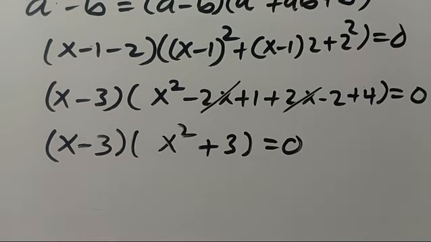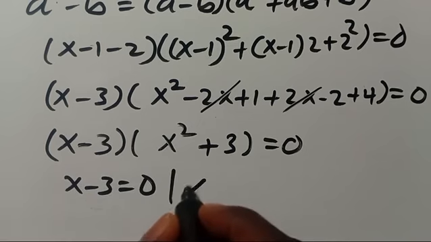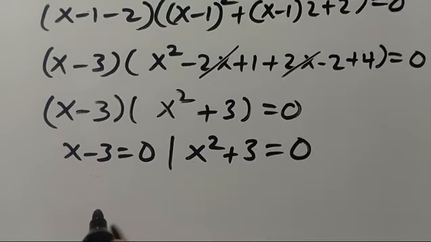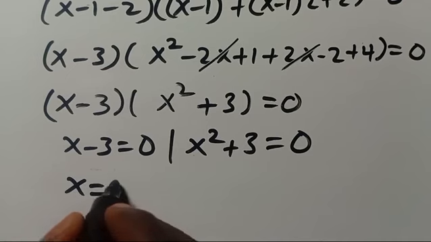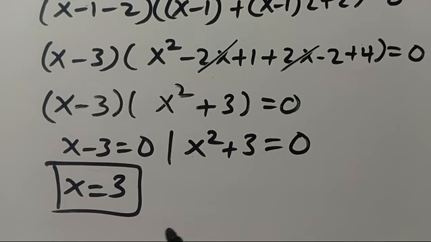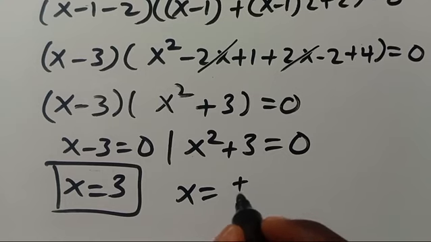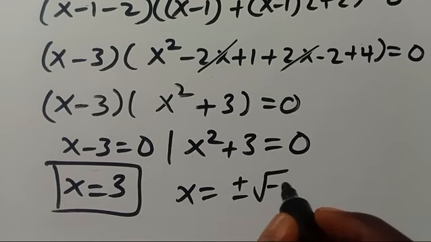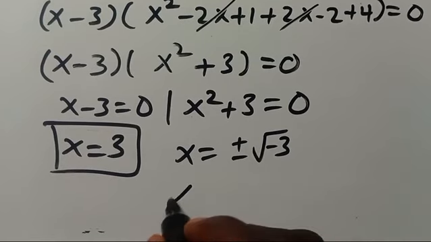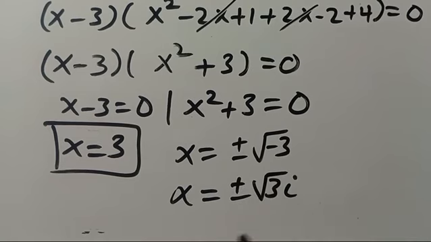Then for this expression to be equal 0, it's either we have x minus 3 equals 0 or we have x squared plus 3 equals 0. And so therefore we have x to be equals 3. This justifies the previous solution, sorry. From here x will be equals positive or negative root of minus 3, and x will be equals positive or negative root of 3i.